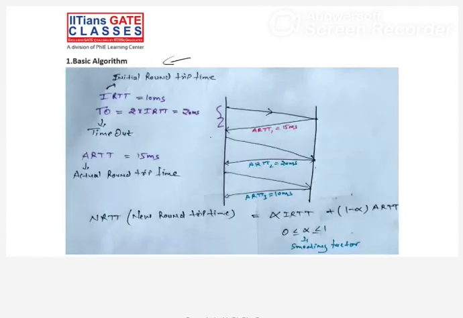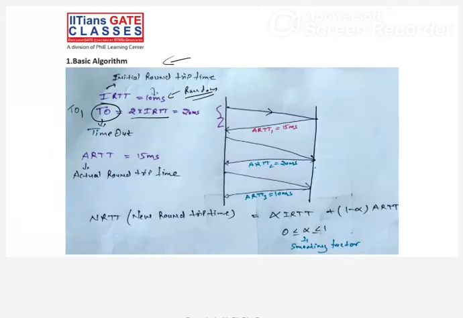Then again for the next segment, there is a timeout calculation. Means for that particular segment, if the acknowledgement does not come after the timeout, we have to retransmit. So this timeout and that timeout have different values, right? The value of the timeout timer for the next segment is increased when the actual round trip time of the previous segment is found to be increased, indicating there is high traffic in the network.